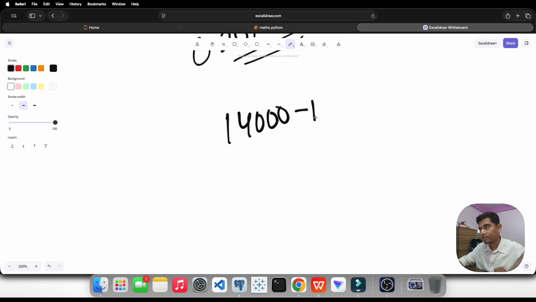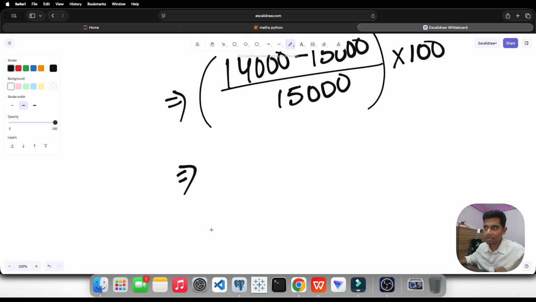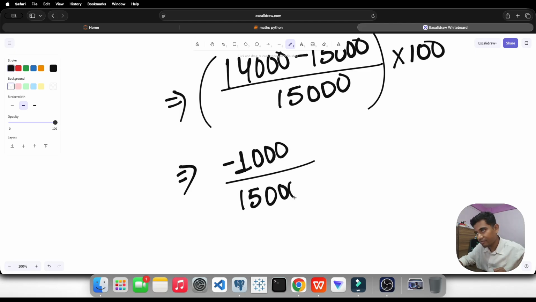14,000 minus previous value divided by previous value into 100. Okay? So what output do we get? Minus 1000 divided by 15,000 into 100.